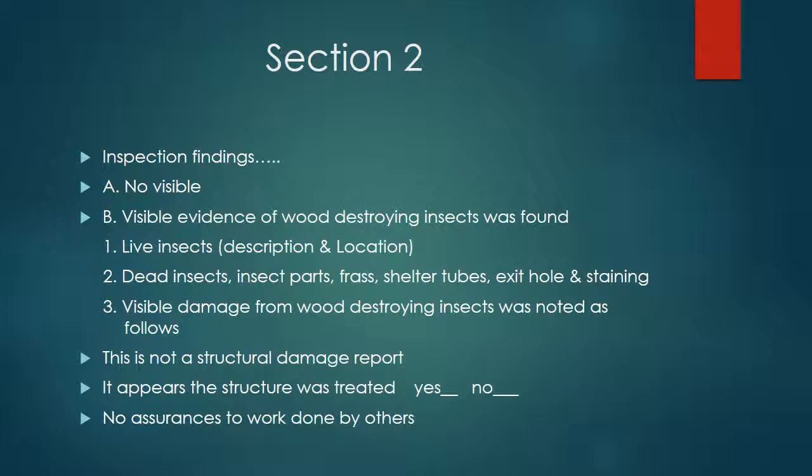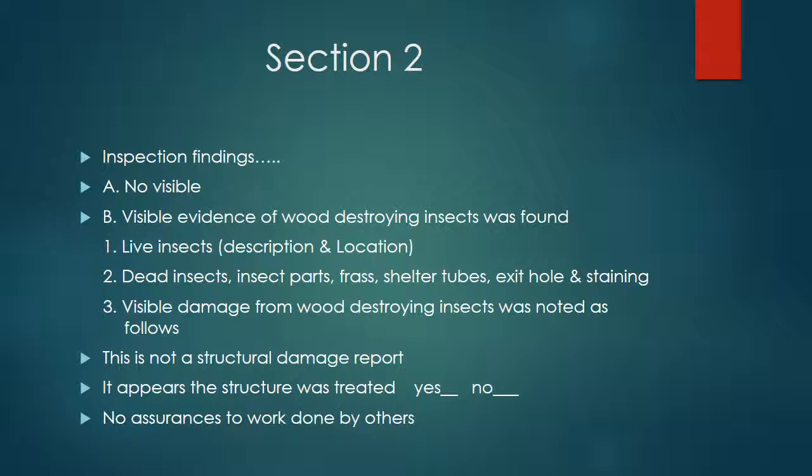Remember, there is another protection built into this section that says you are not guaranteeing any work by others, and that company is going to need to be contacted about the work they did. So even if you see drill markings or holes, you don't know what type of work they did or what product they used.